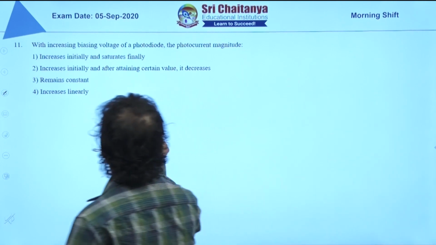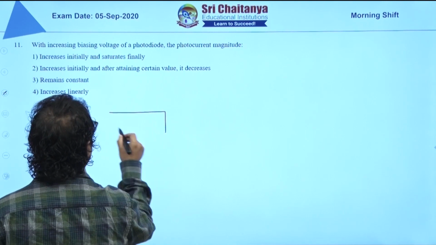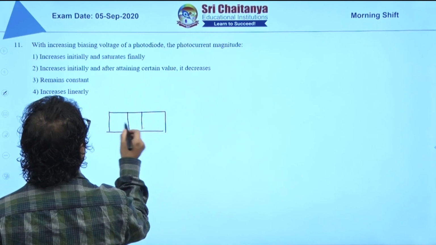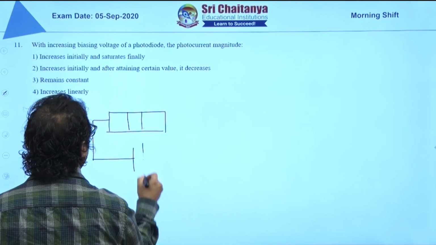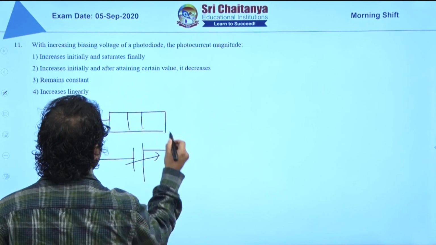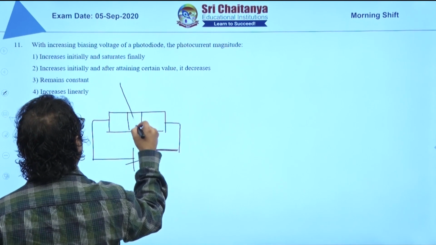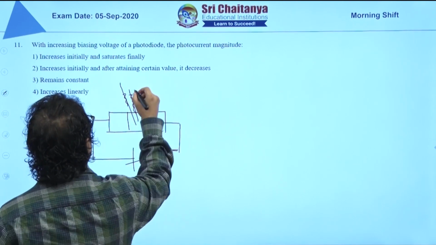So, let us say this is a photodiode, we are putting some biasing like this, fine, and here light rays are falling, fine, EM waves.